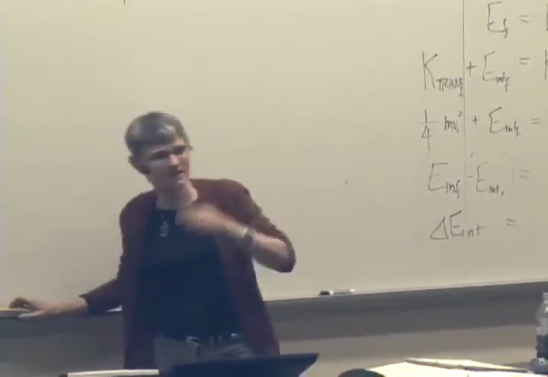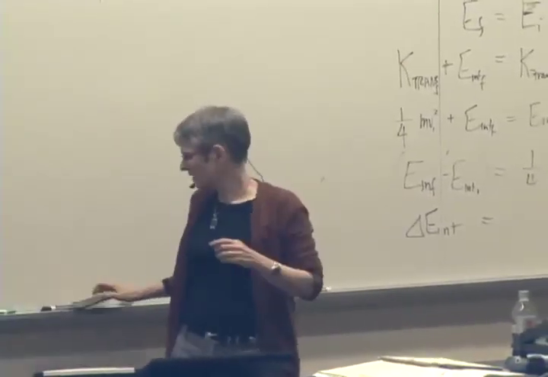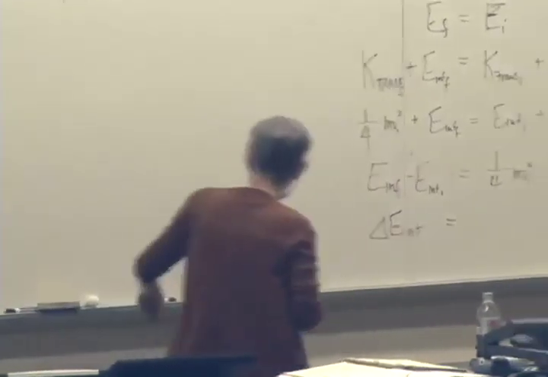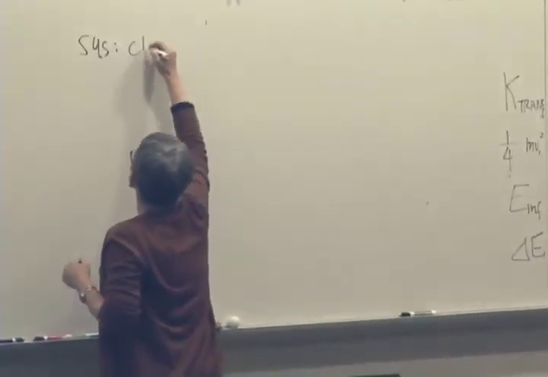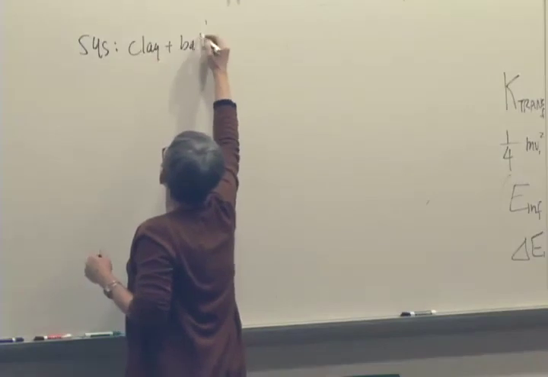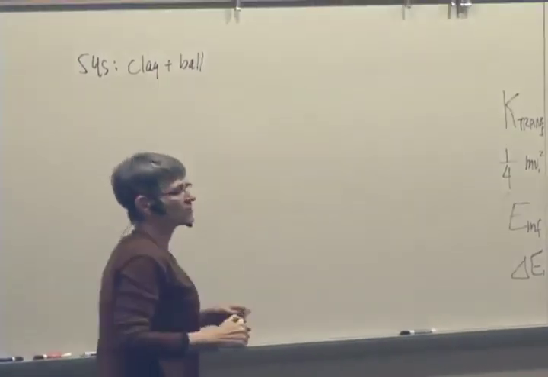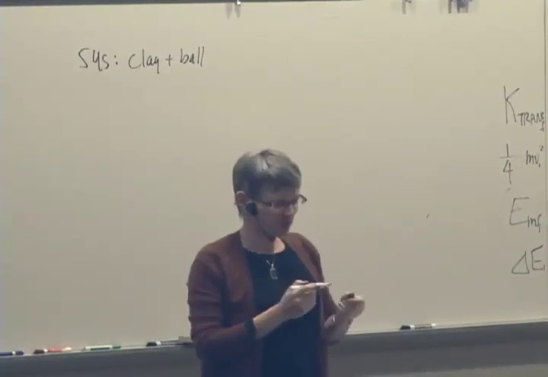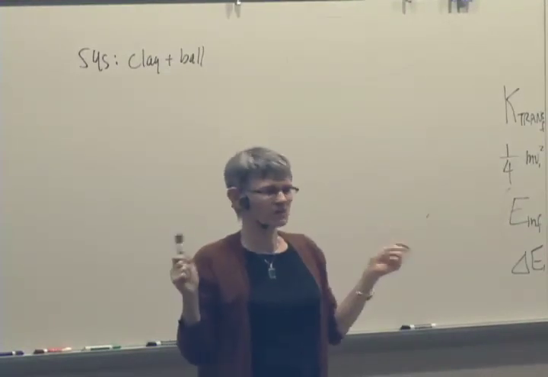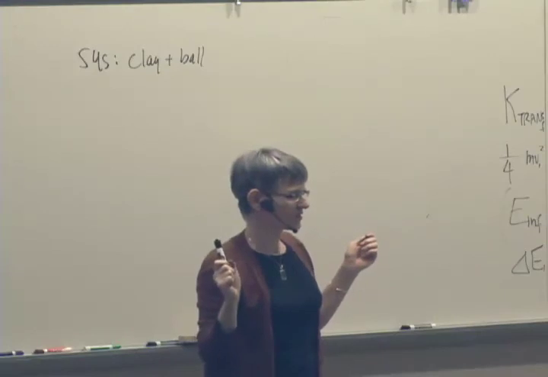So what are we going to take as our system? Both objects, clay plus ball. And if it's a collision, during this collision, what are we assuming about interactions with the surroundings?